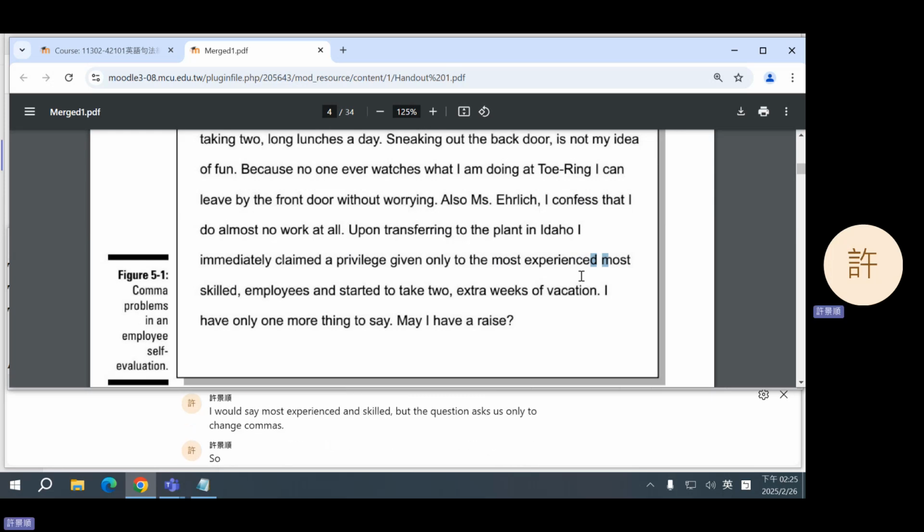So most experienced, comma, most skilled. And therefore you don't need a comma here. Same here. To and extra are different kinds of adjectives, so you don't need a comma.